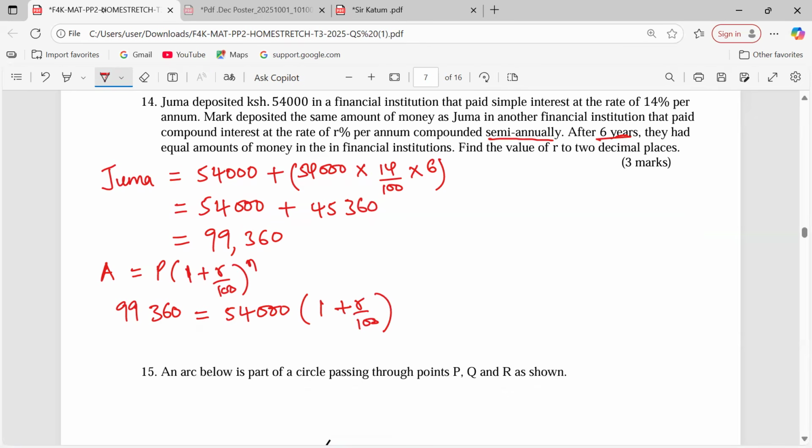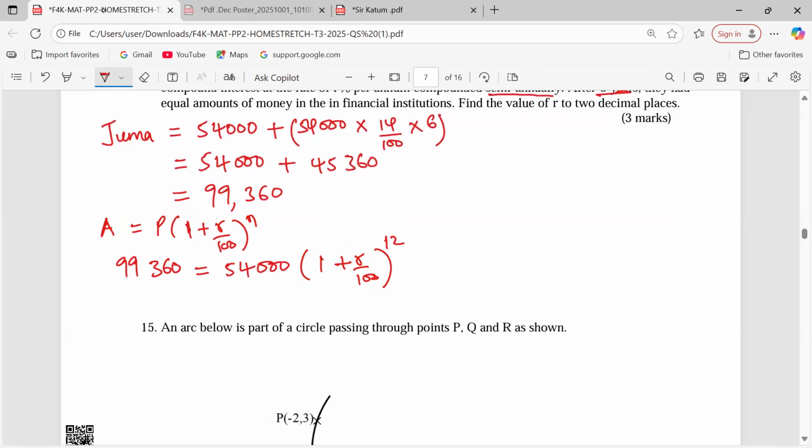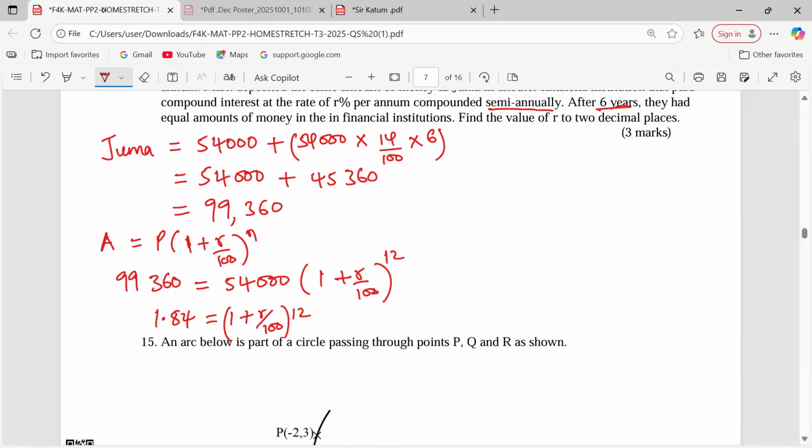After 6 years, with compound interest done semi-annually, we will have 12 interest periods. So this amount should be divided by 54,000 first. This gives me 1.84 equals 1 plus R over 100 raised to power 12.